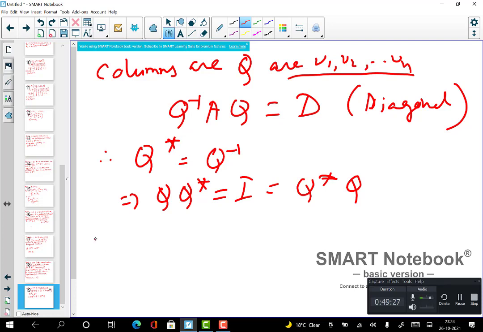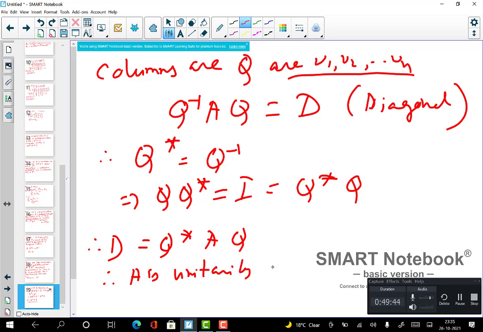And hence you can say that D is actually Q star A Q, and hence that's the condition that A is unitarily similar or equivalent to the diagonal matrix, right?